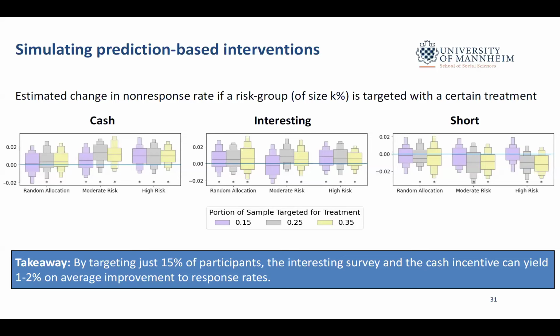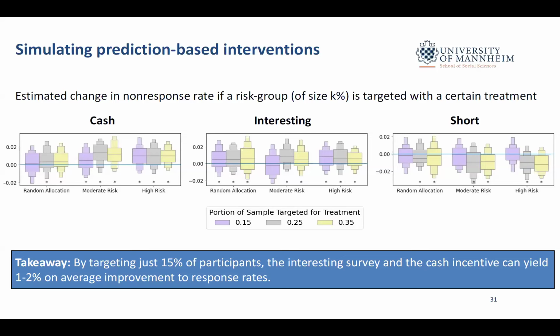So that's just a finding that we're getting from this simulation, which is to give us an idea of how we could have brought together all these different kinds of treatments, all these different ways of using the propensity model to inform who we give the incentives to, and trying to compare whether it's the targeting mechanism via the propensity model that's making the difference, or whether it's just the fact that we're giving out incentives.